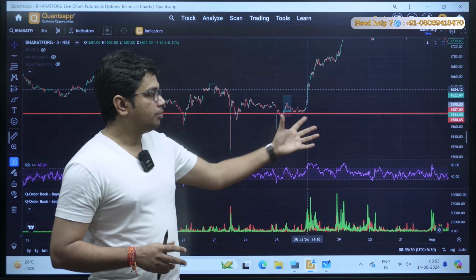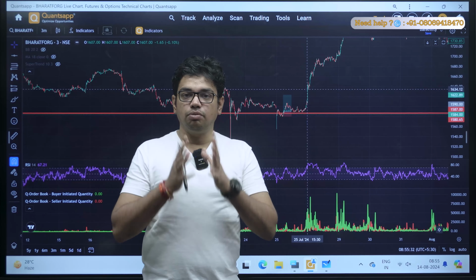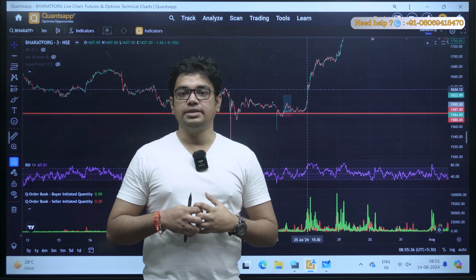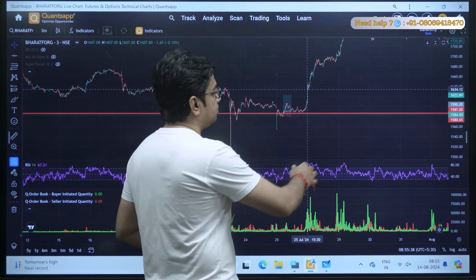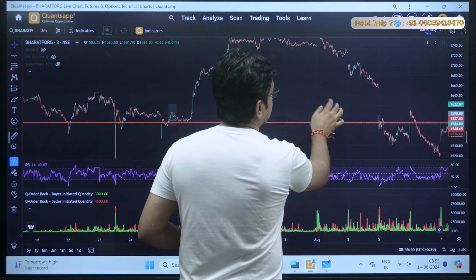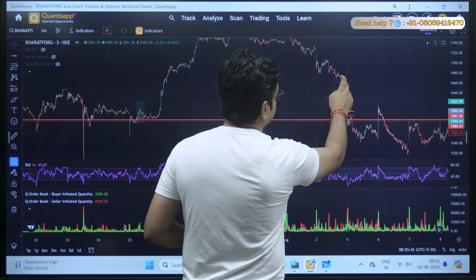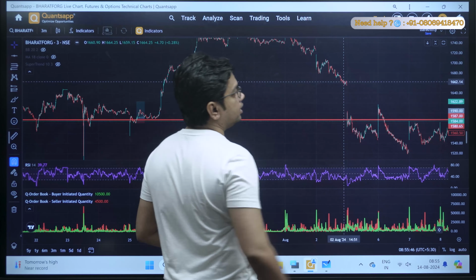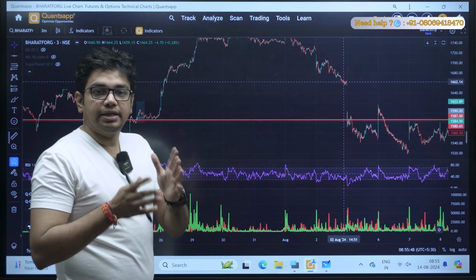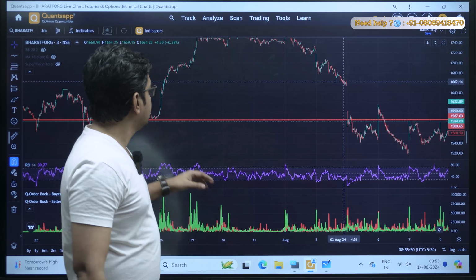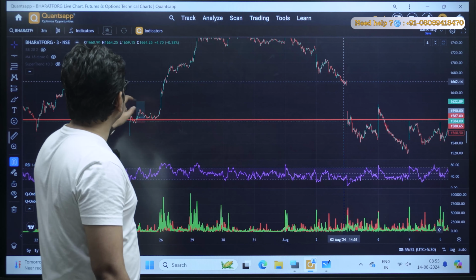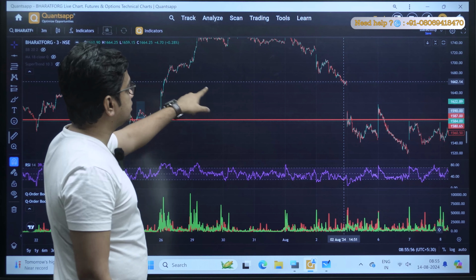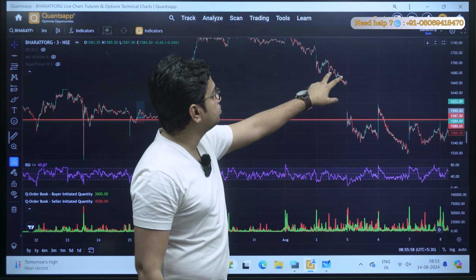So this is how I am going to take the trade using the modified PCR and the price action technique. Also, you can see on the 2nd of August that a signal was generated over here, at 16:59, a sell side trade. There was a resistance, the resistance was broken down, and the support also broke down over here.